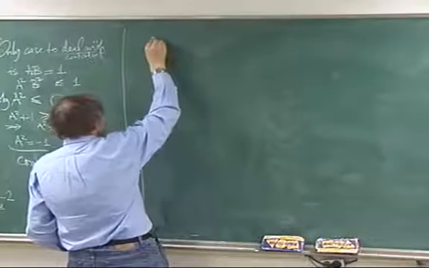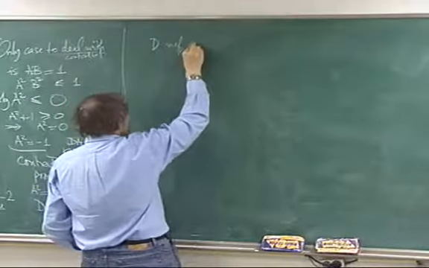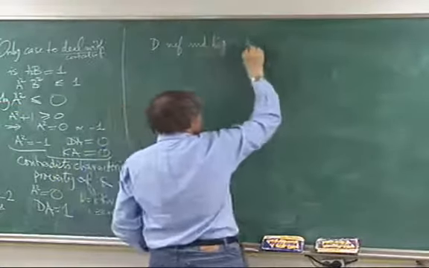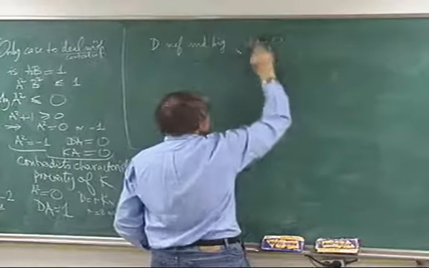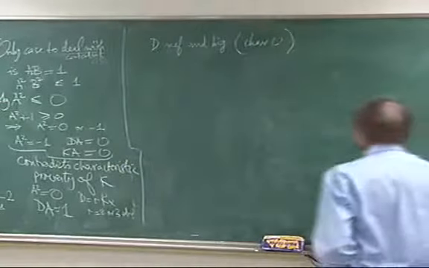So if D is nef and big, right, I'm in characteristic 0. And so D is like this, so it's definitely nef and big.